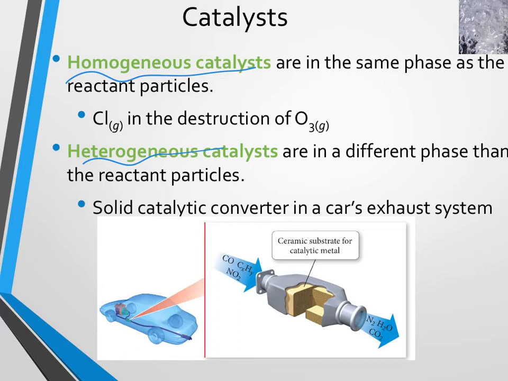So it might be something like activated carbon, which can sometimes speed up a reaction. Pure metal can often speed up a reaction, so there are some reactions where literally a sheet of metal will be put in to serve as a catalyst.